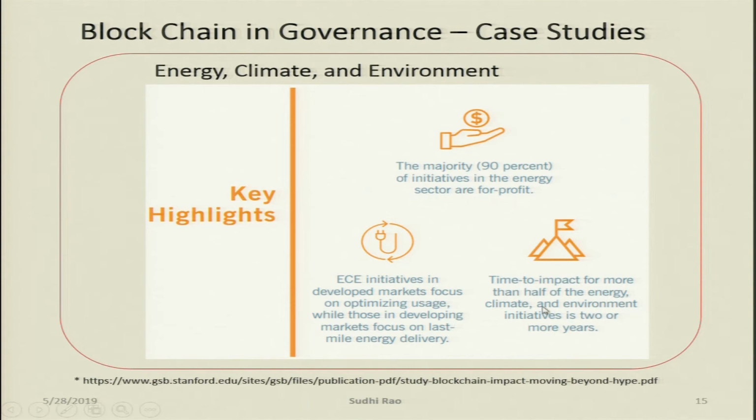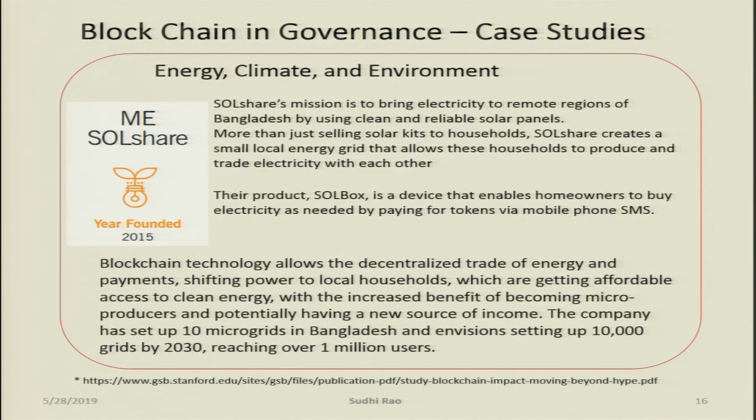Time to impact for more than half the energy, climate and environment projects is 2 or more years. These projects take a long time to be studied, strategized, implemented before they start paying benefits. That is a general characteristic that this study found. Blockchain projects in energy, climate and environment take a longer gestation period to show their results.